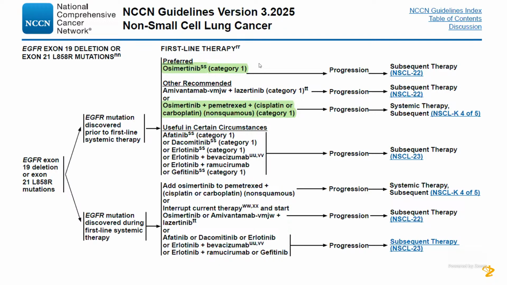But in our current scenario, the FLAURA2 data have come, which has added chemotherapy to osimertinib. The backbone is the same with the addition of chemotherapy. So they have put this also in, osimertinib, pemetrexed, and carboplatin. So osimertinib remains the mainstay. With this, I'm concluding my discussion today. Thank you all for patiently listening.